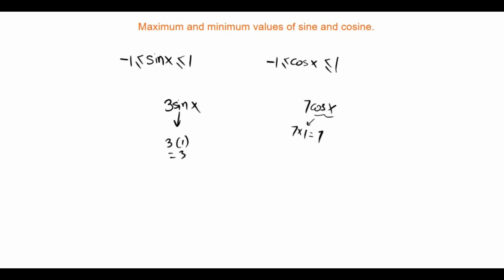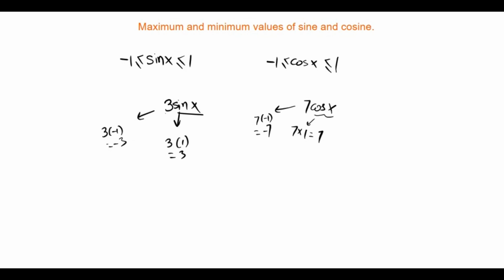For the minimum value, the same rule will apply, since we have the same sine function multiplied by 3. So the minimum value of 3 sine x would be 3 times -1, which is -3. And the minimum value of 7 cos x would be 7 times -1, which is -7.